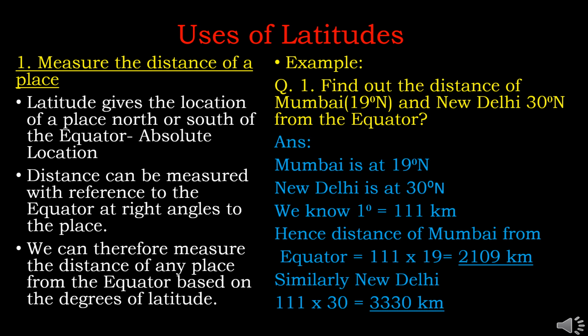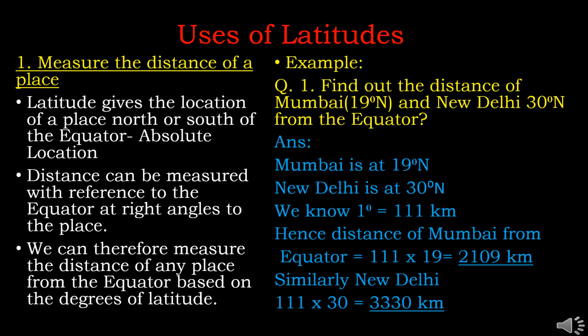Uses of latitudes. The lines of latitude form one of the coordinates of the grid system. The lines of latitude have the following uses. The first one is the latitudes help us to find the distance of a place. Latitudes give us the location of a place north or south of the equator.